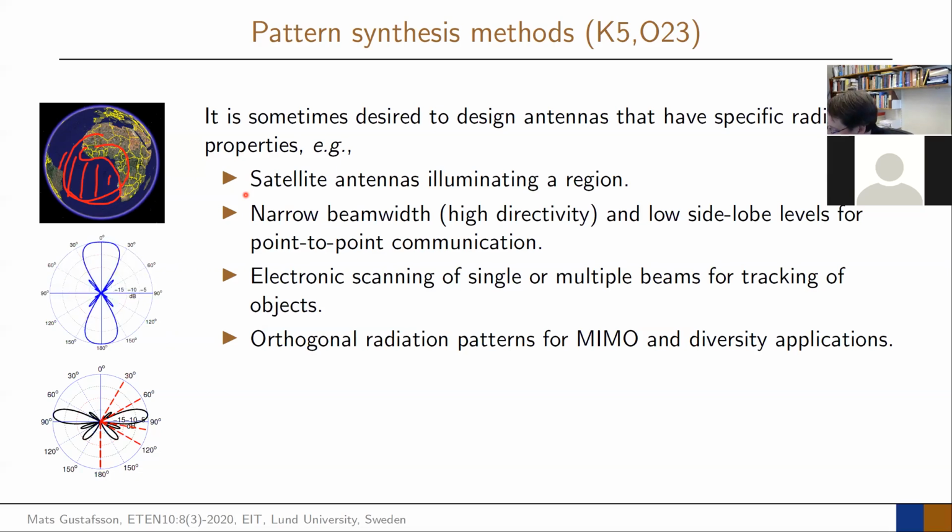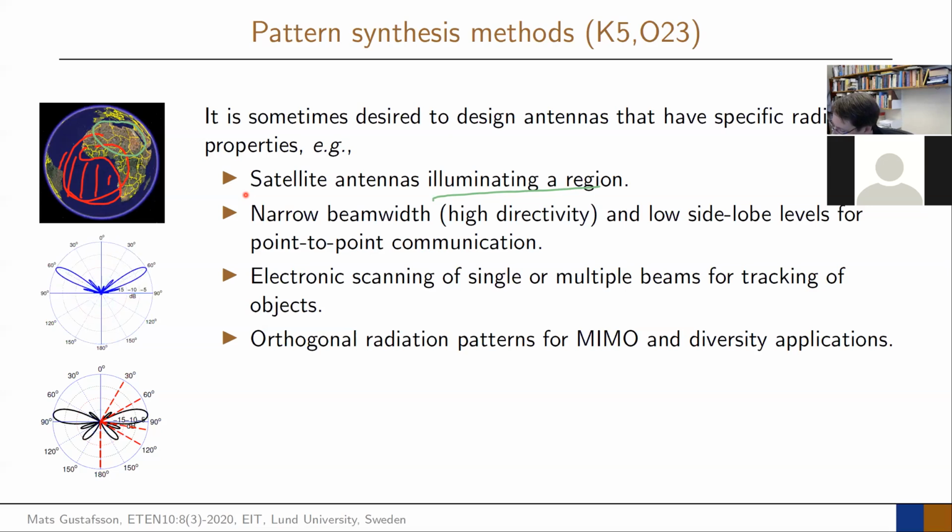You would instead like to say, I want to illuminate all my customers that maybe sit here, for example. And then I want to shape the pattern so these people receive the signals. So I want to really have illumination of some specific regions. So I need to synthesize a pattern that does that. I can do it by having an array, and I can do it by having an antenna with a specific radiation property.